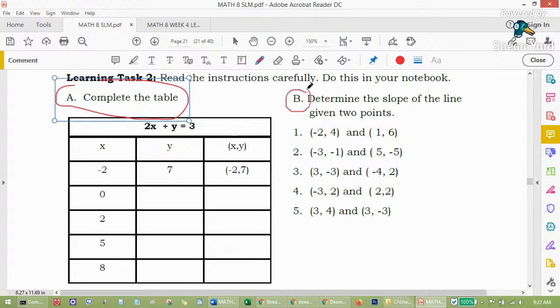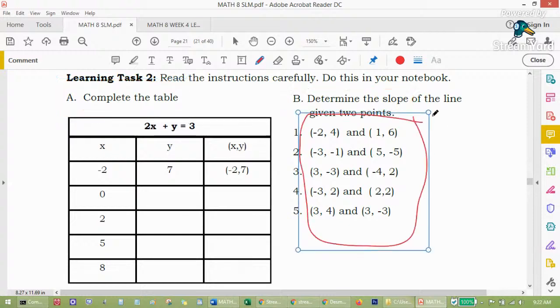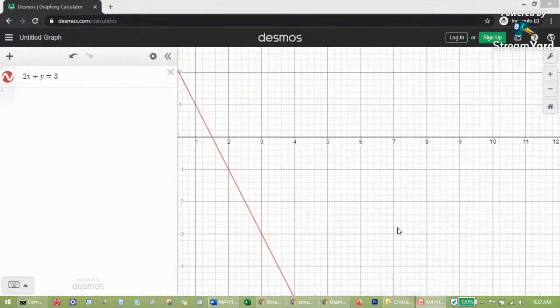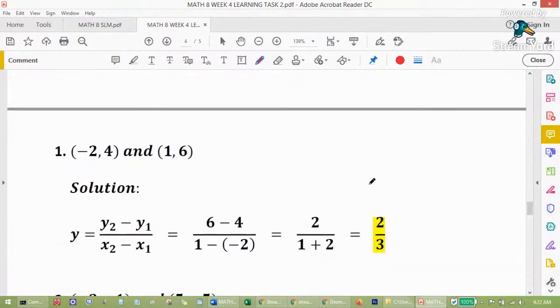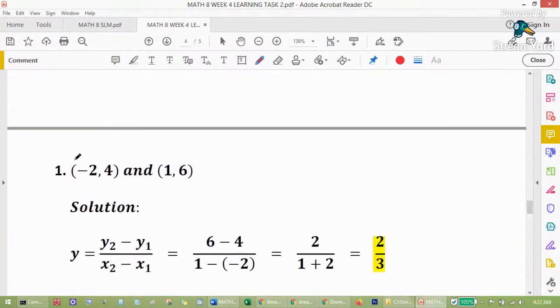Now, letter B, pinapahanap sa atin ng slope. Determine the slope. Hanapin daw natin ang slope ng mga to. So, first is negative 2, 4, and 1, 6.